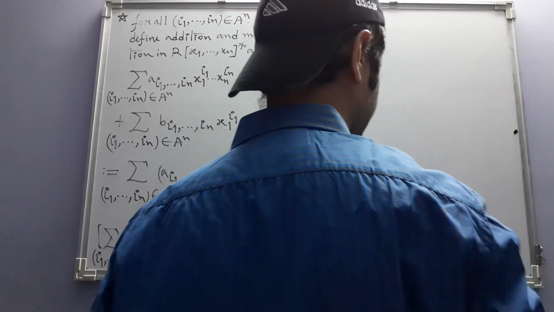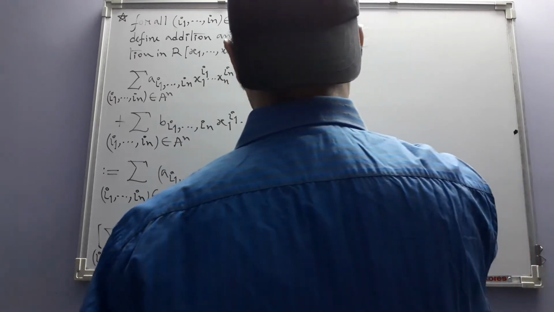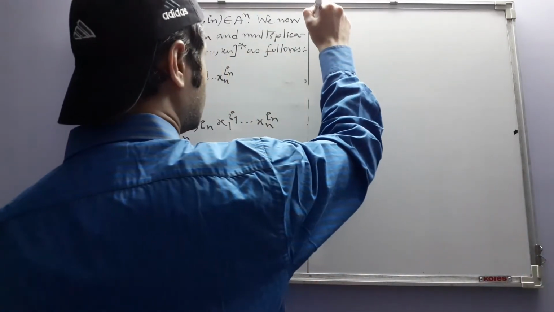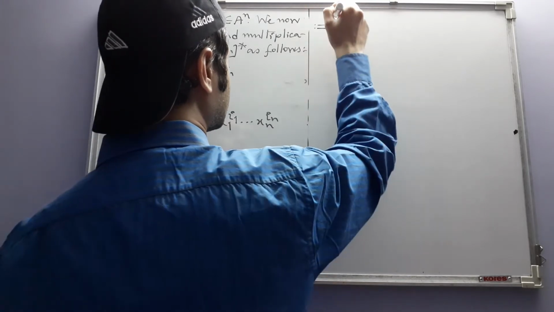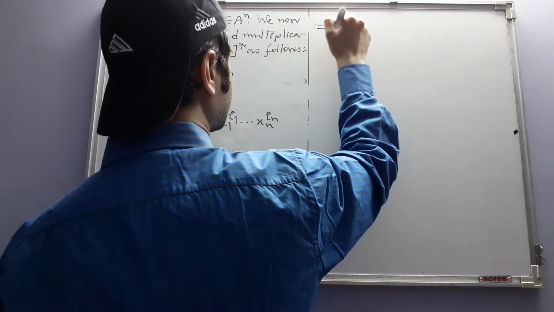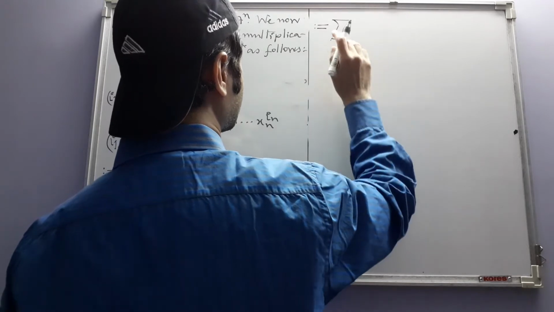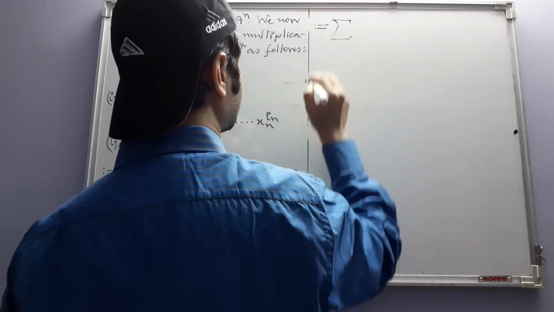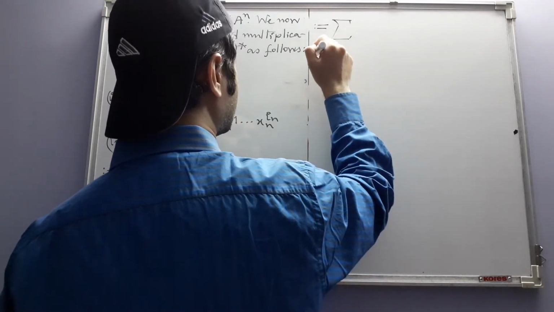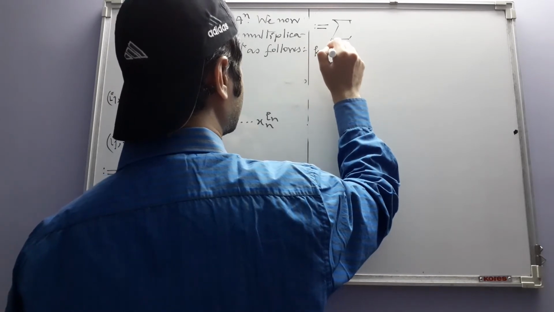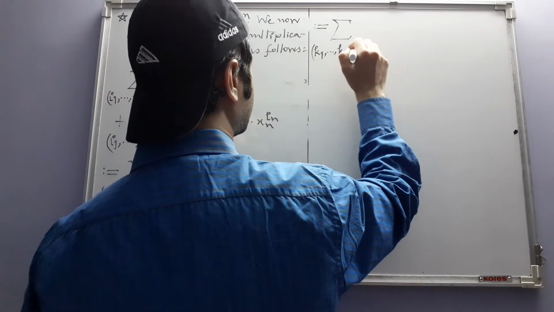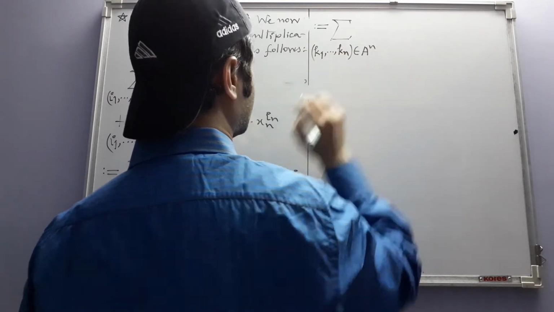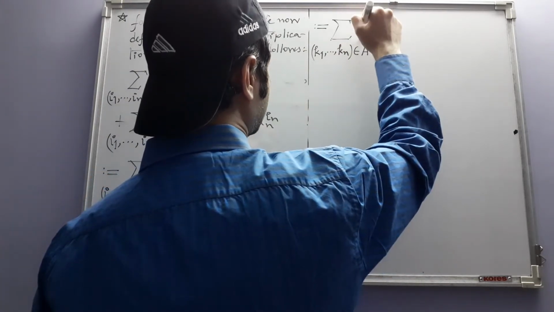It's motivated by that case. K1, K2 up to Kn belonging to An.